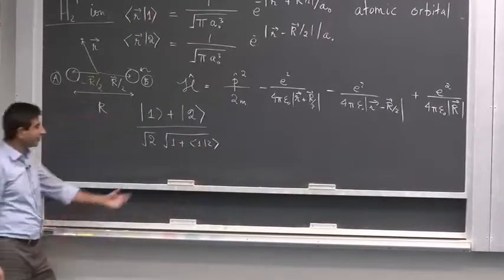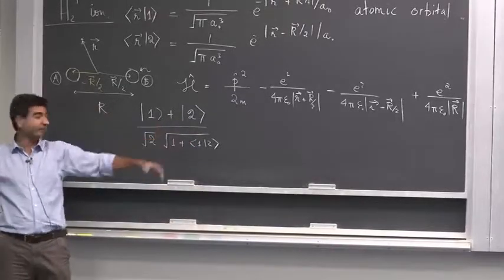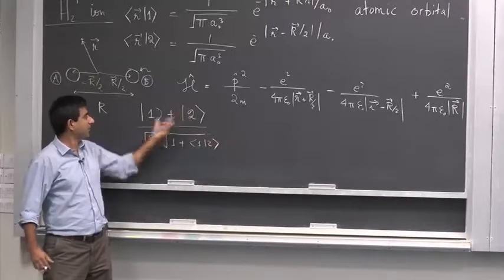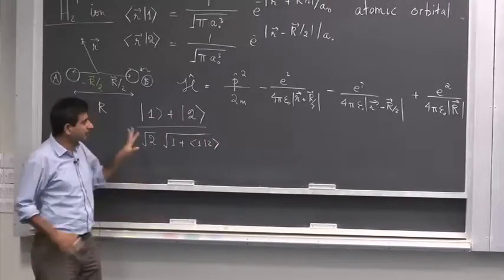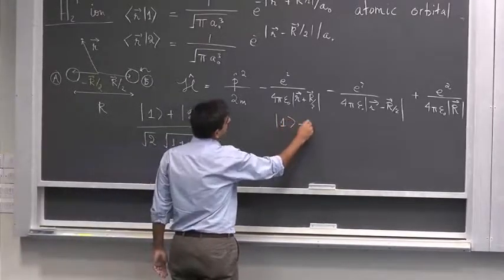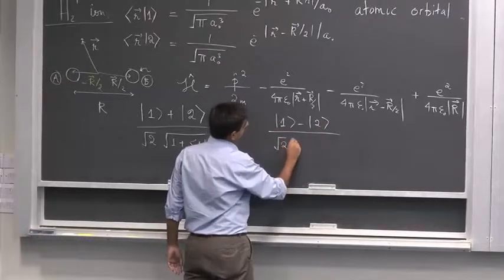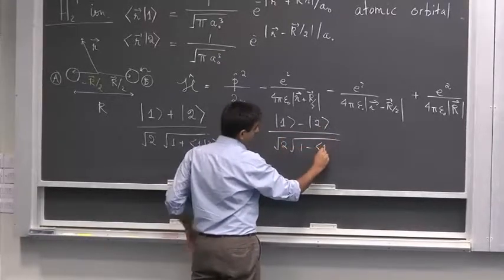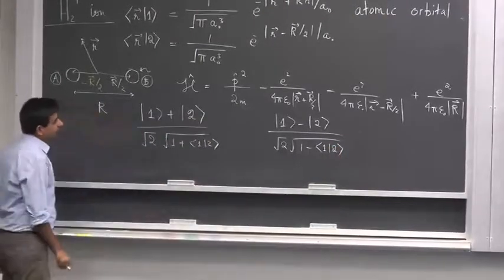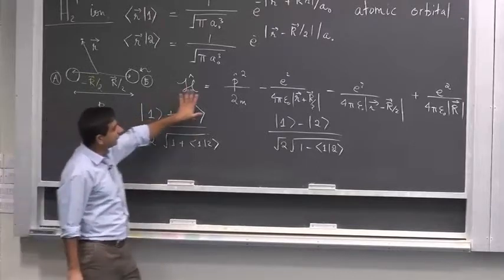This is not 0. If the nuclei are really far apart, then this overlap integral goes to 0 and we're left with ket 1 plus ket 2 over root 2. So this is one eigenstate. The other eigenstate is ket 1 minus ket 2 over square root of 2 times square root of 1 minus the overlap of 1 with 2. So we have linear superpositions of states which are eigenstates of this Hamiltonian.